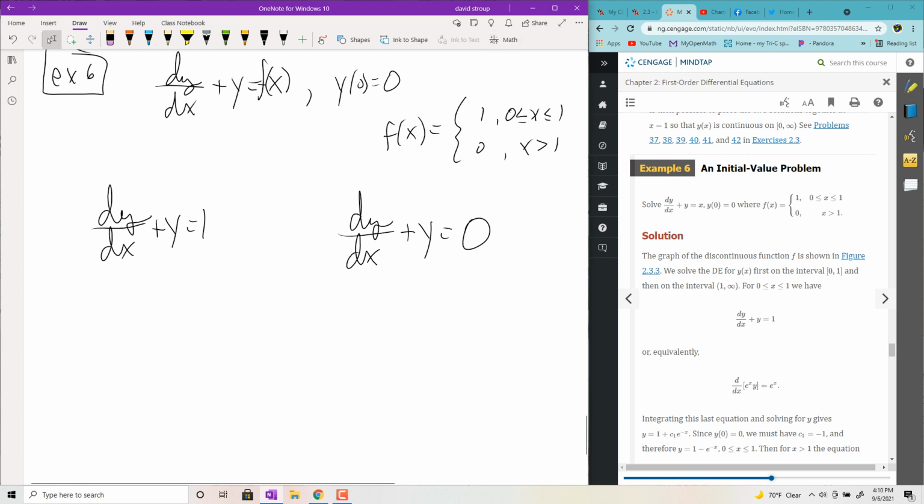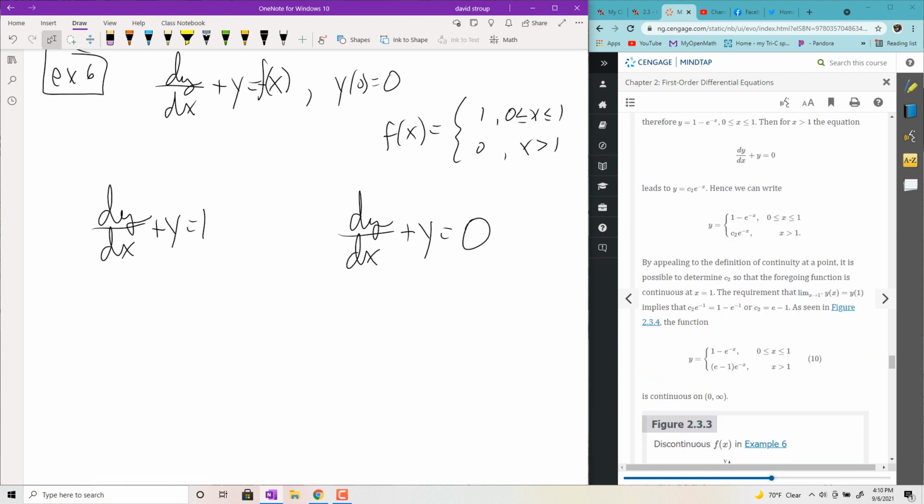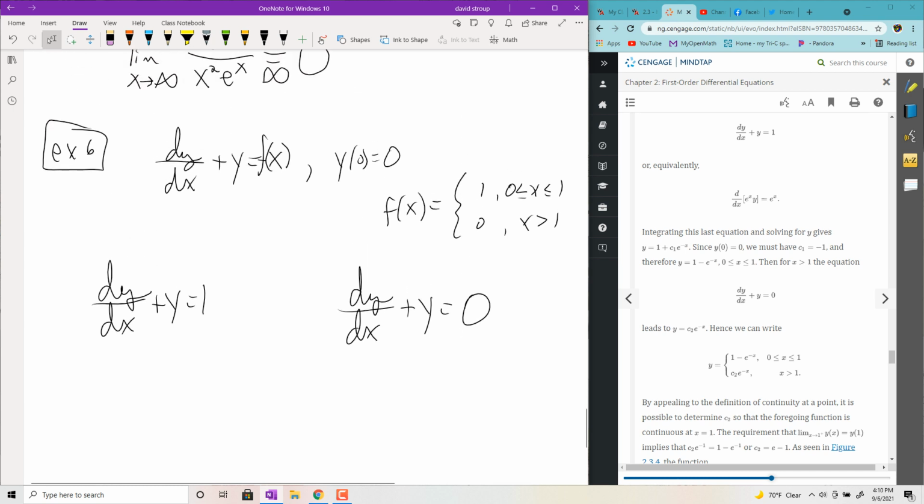And then for the second problem, you want the two answers to be continuous. Okay. So what you do is use that fact in order to figure out the constant in your second answer. Okay, so let's go ahead and see how this is done.